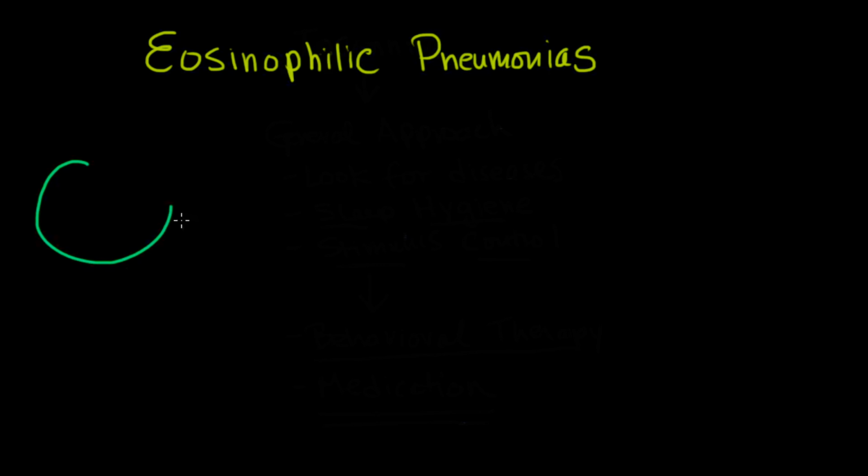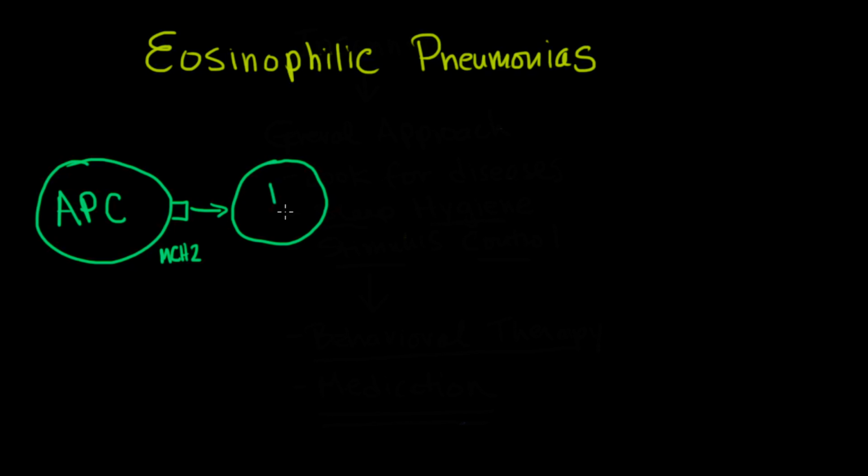We've talked about the antigen-presenting cell in some of our cell talks. Remember, the antigen-presenting cell is going to have an antigen on its surface, and it's going to present via the major histocompatibility complex 2 to a T cell, and specifically it would be a Th2 cell, which has a CD4 receptor for the major histocompatibility complex, or MHC2.